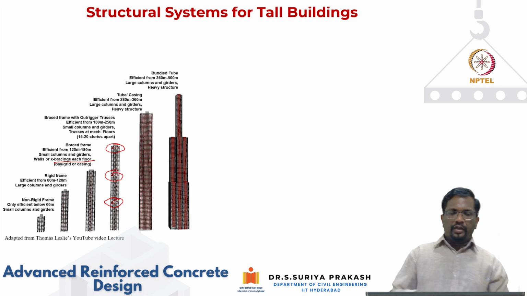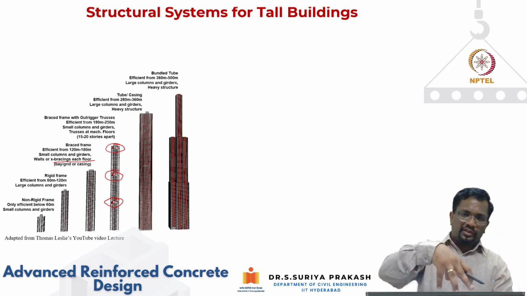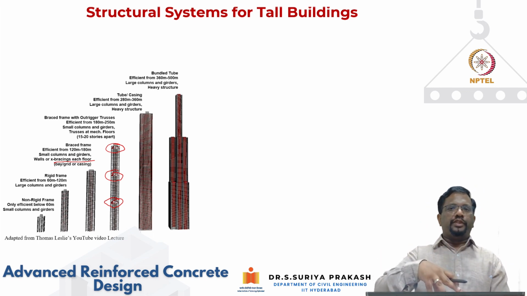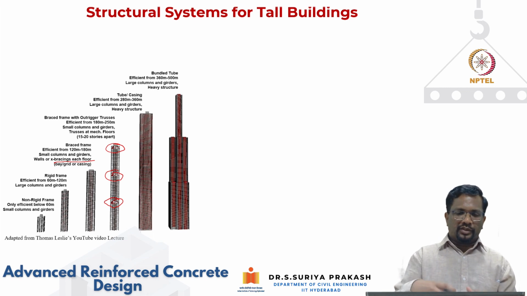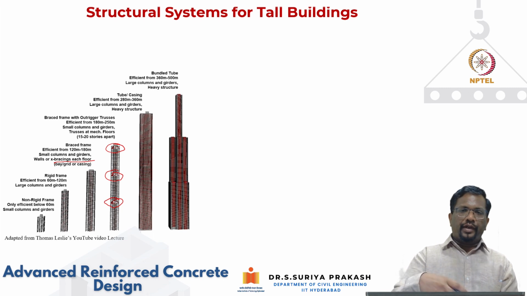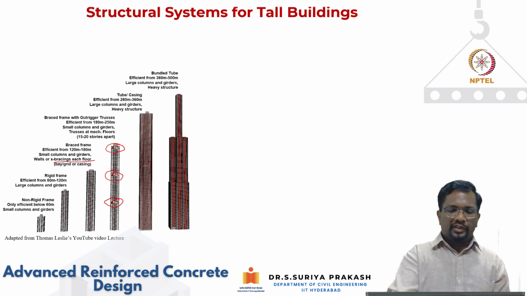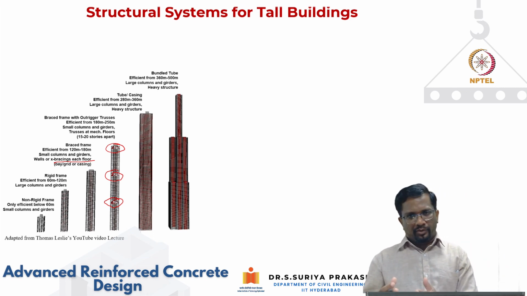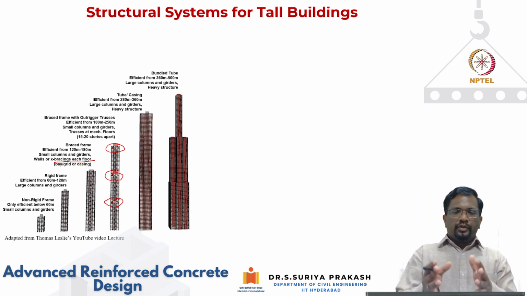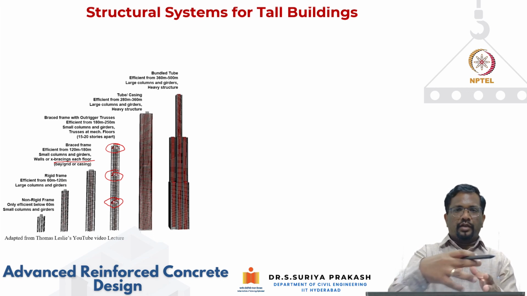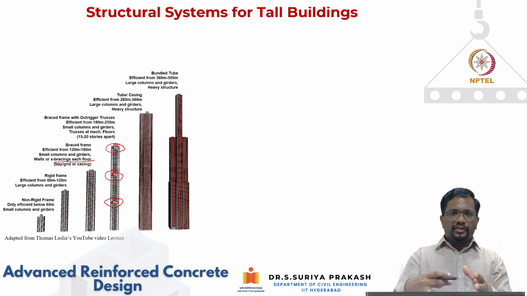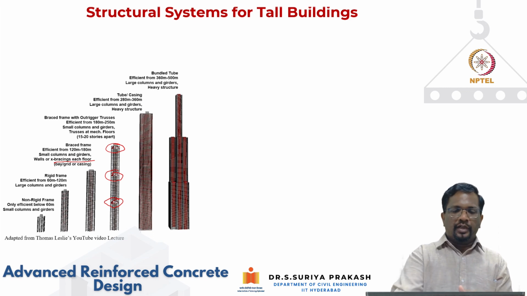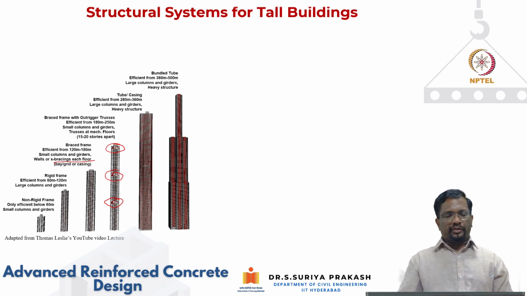Now, you know that a box section has much more rigidity. From a structural efficiency point of view, we can also create multiple tubes and arrange them together so that everything acts together. Like I told you before, when you have two springs connected in parallel, I can arrange the stiffnesses of these individual tubes in such a way that I come up with a very efficient structural system.